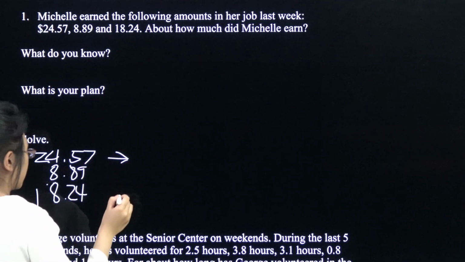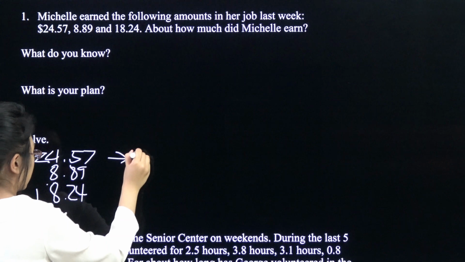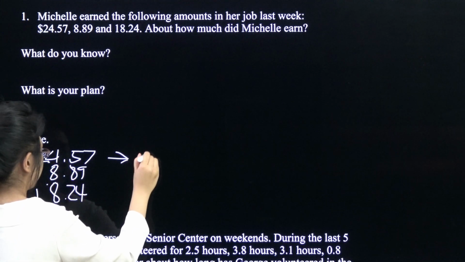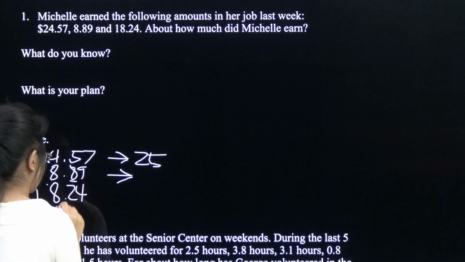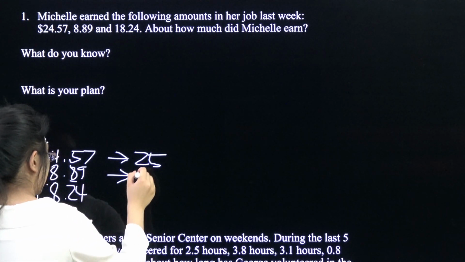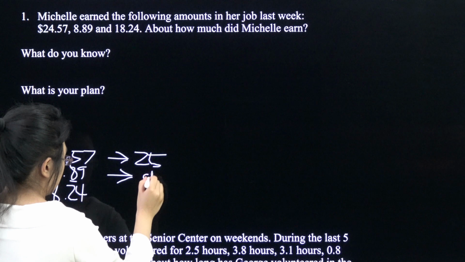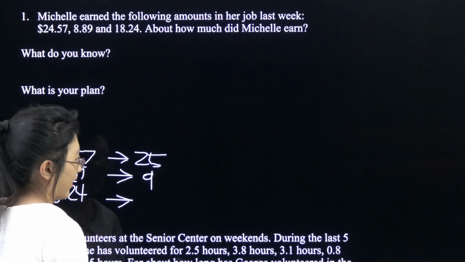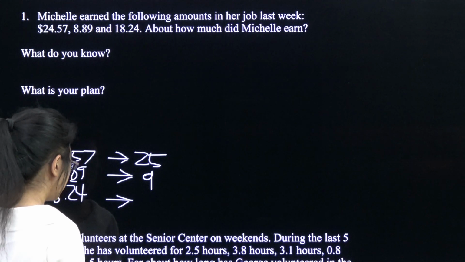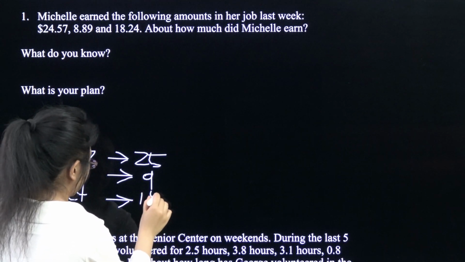Now the tens place is a 5, so we round up, that'd be 25. Over here it's an 8, so we round up, that'd be 9. And then over here it's 18.24, the tens place is a 2, so we round down, that'd be 18.